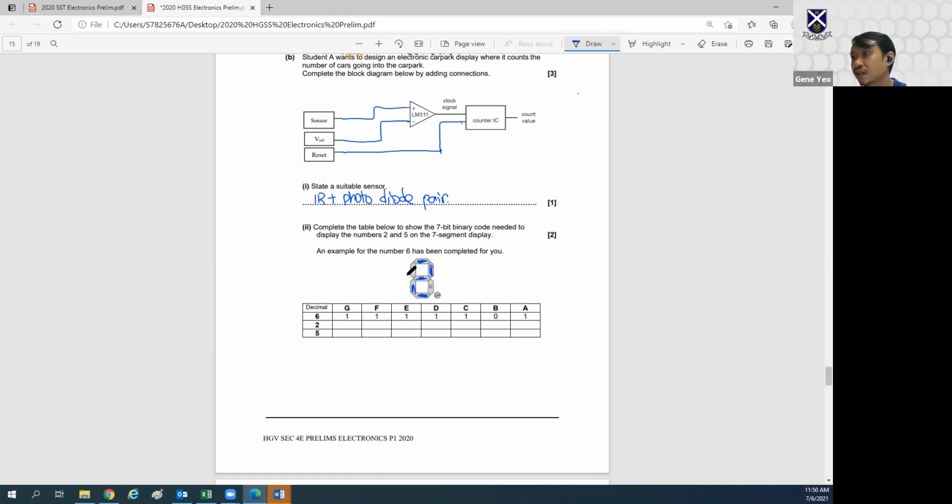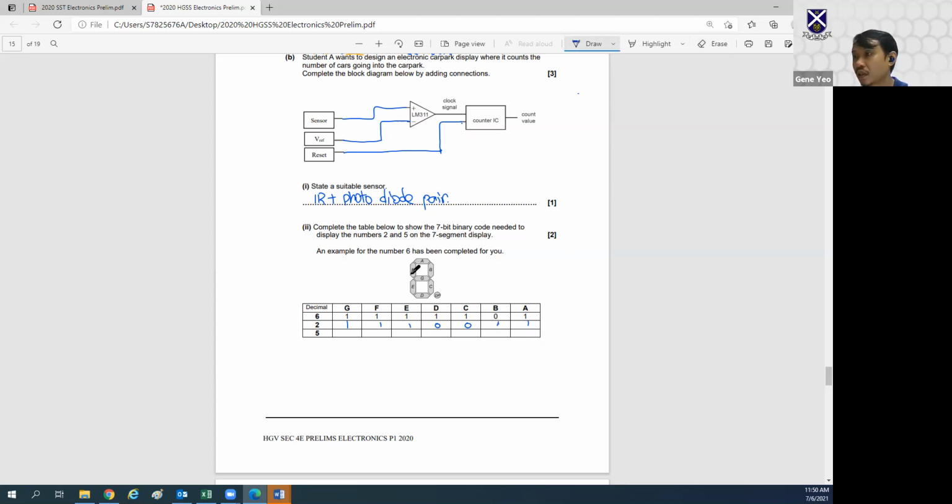Okay, so this is 2. All right. So knowing that, we need A, B, G, E, D. So you just write A, B, G, E, D. Okay, so we need those to light up, and this to not light up.